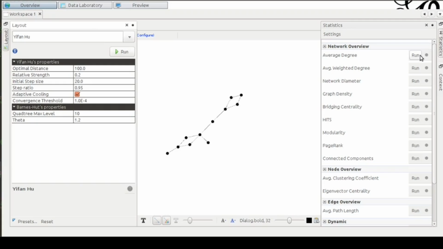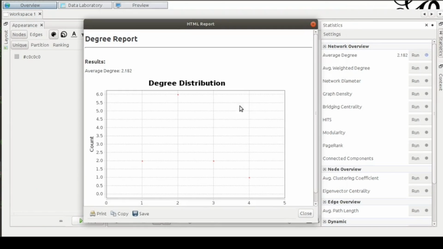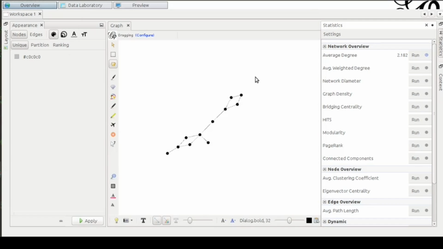We can find a lot of structural information with this graph, looking for the statistics. Let's see this menu, for example. We can find out the average degree. Let's see that. Here we have 6 nodes with a degree of 2, 2 nodes with a degree of 1, and so on. Okay.